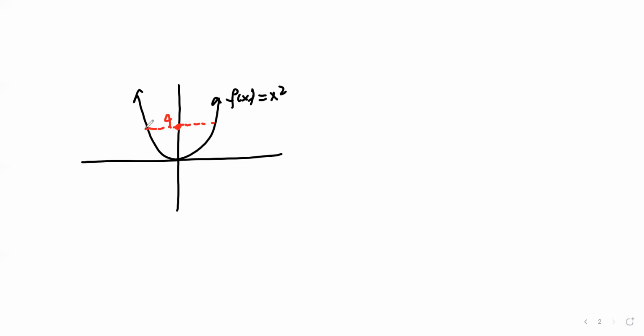And if y is 4, then I'll have 4 equals x squared. But then x equals 2 will satisfy this, and x equals -2 will satisfy this. So basically, there will be two corresponding x values.